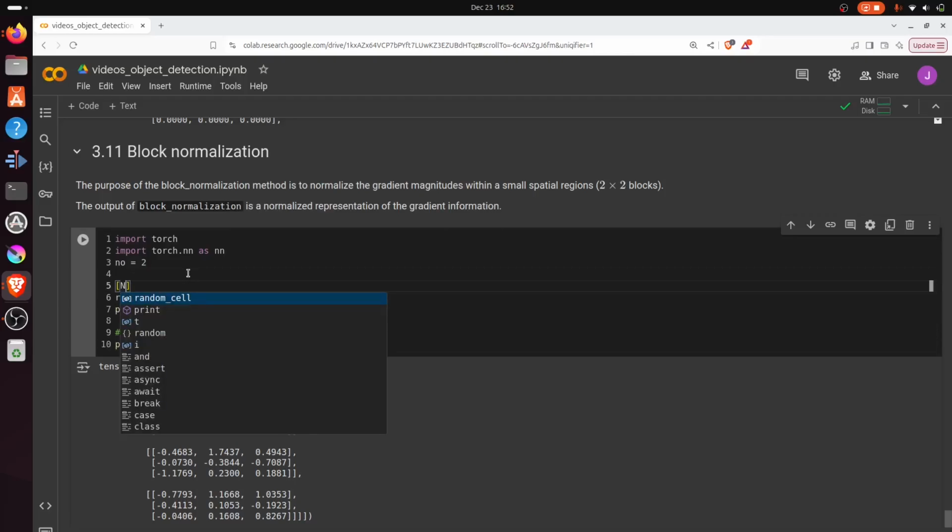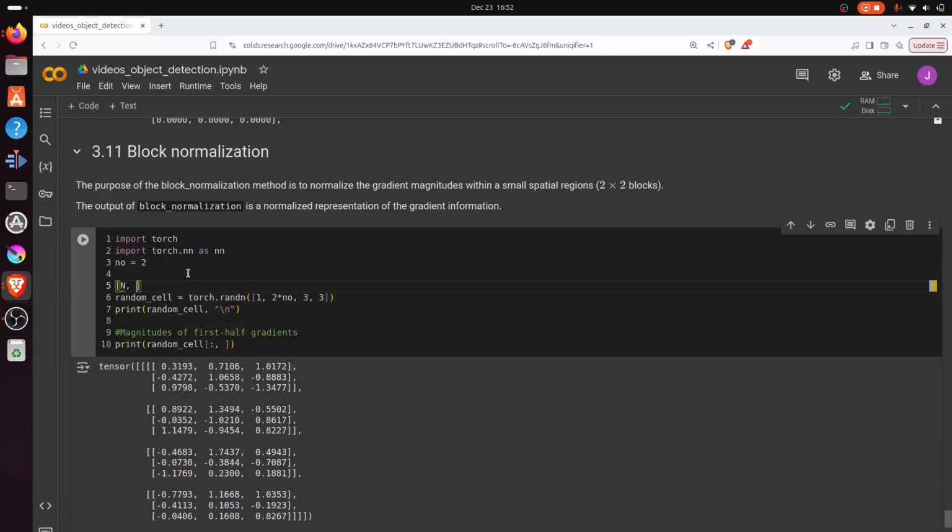We have number of batches, which is really the input channels, then output channels, kernel height and kernel width. Let me comment this out; this is the overall shape.